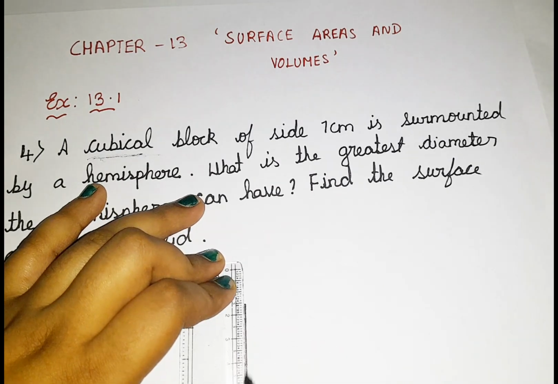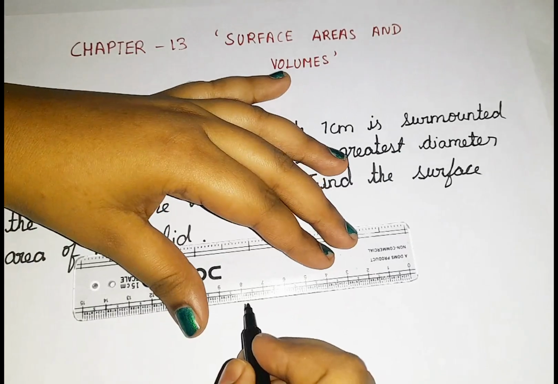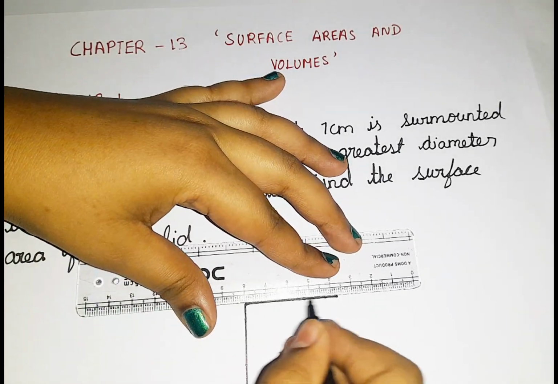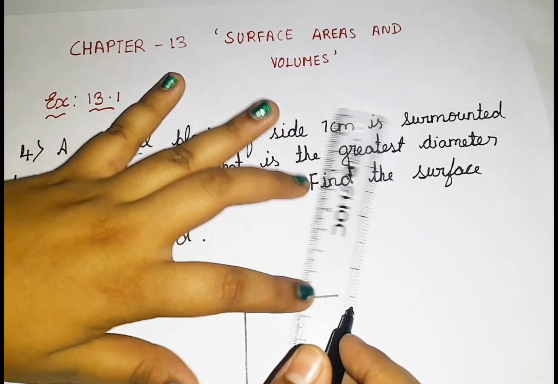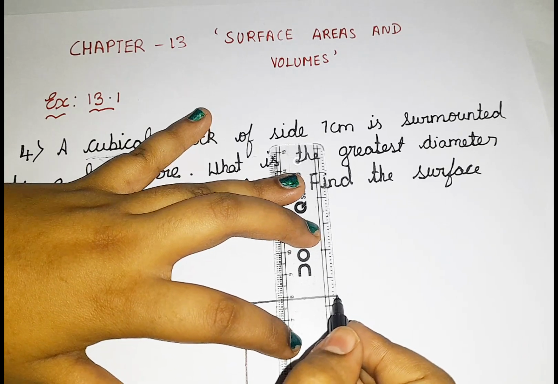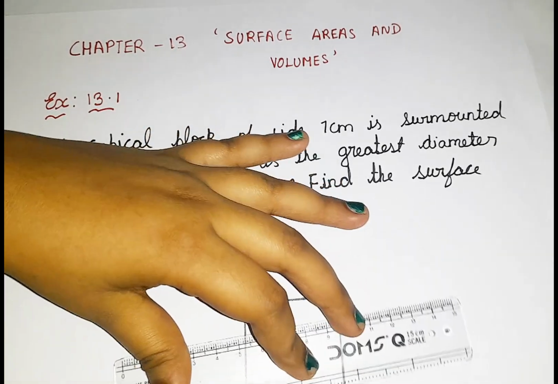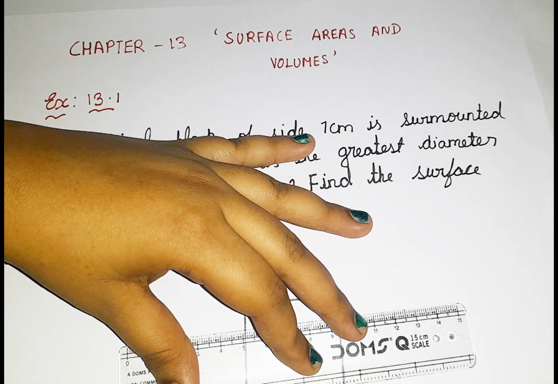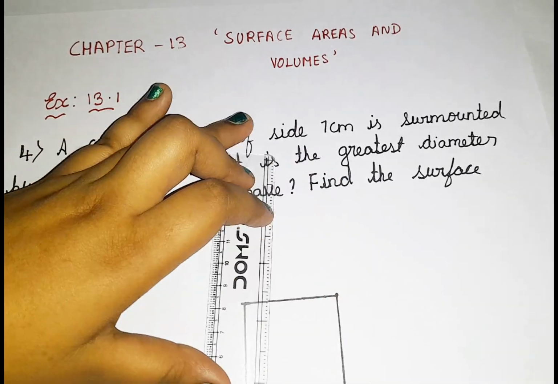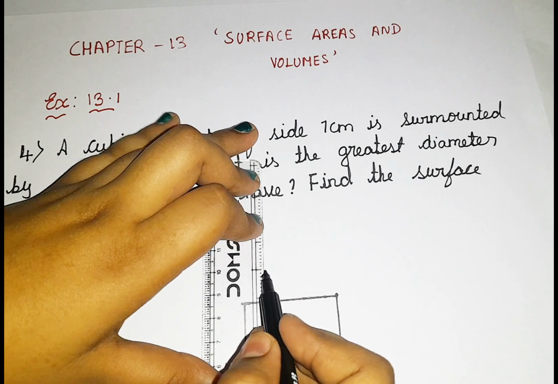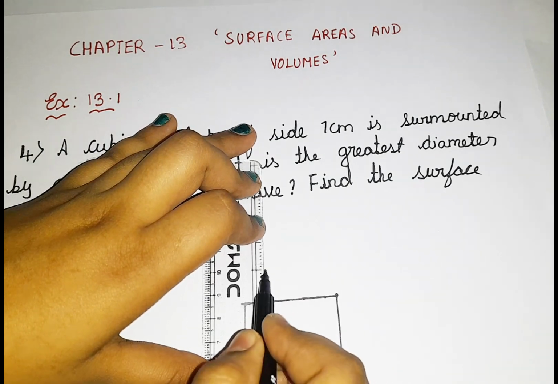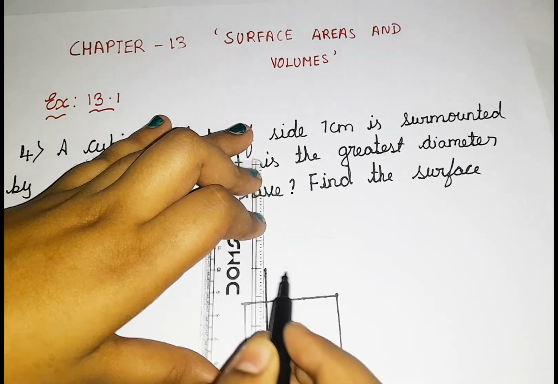First we are supposed to draw a square. Now upon that, we are supposed to draw another square.